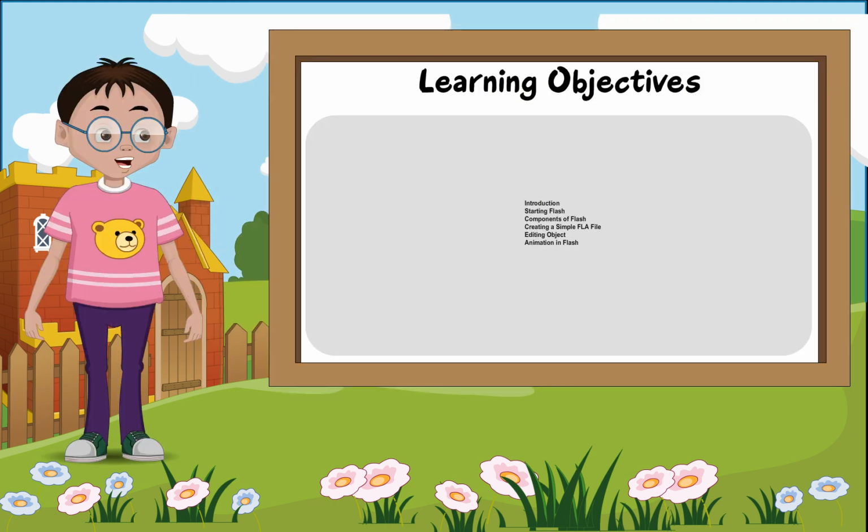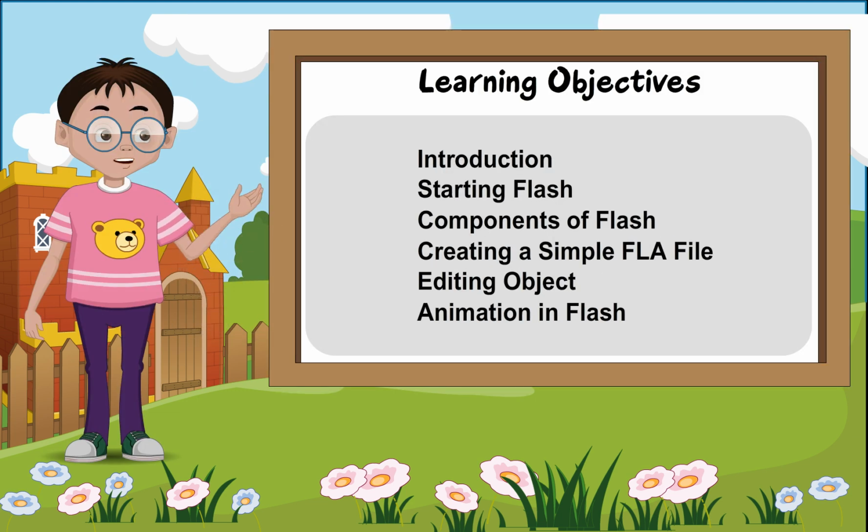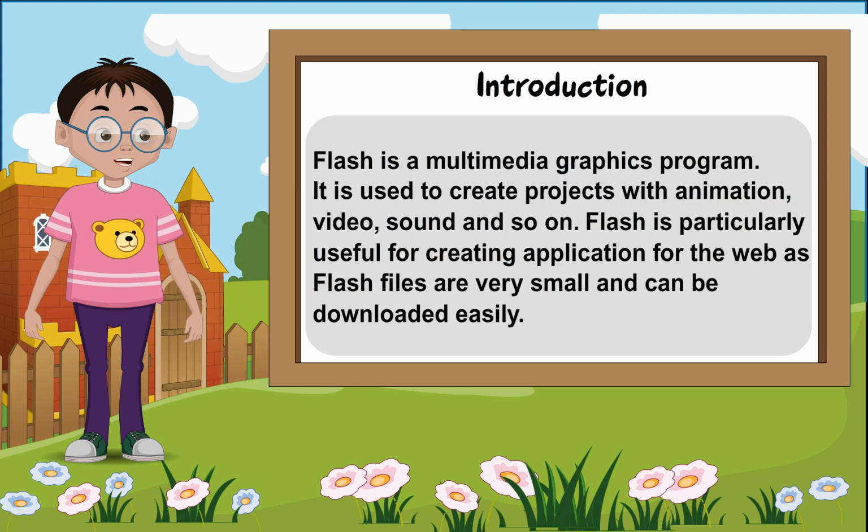Learning Objectives: Introduction, Starting Flash, Components of Flash, Creating simple FLA files, Editing objects, Animation in Flash. Introduction. Flash is a multimedia graphics program. It is used to create projects with animation, video, sound, and so on.